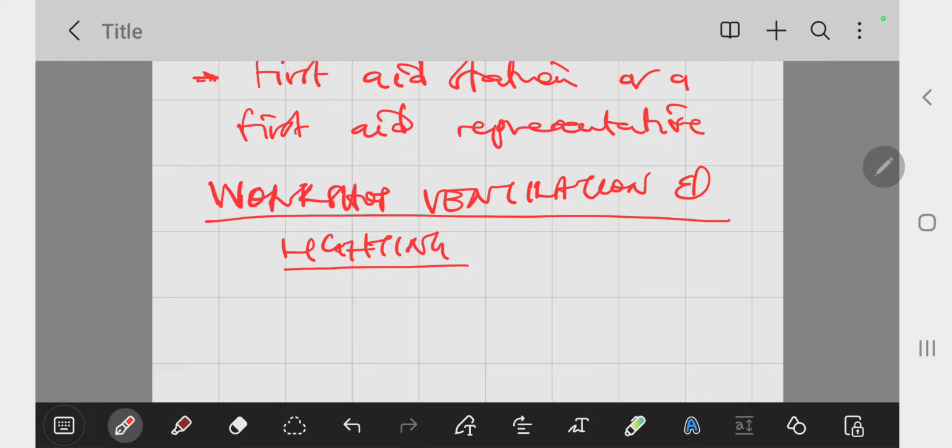In terms of lighting, it is basically the introduction of light to an enclosed environment. You've seen those bulbs, and it can also be natural or mechanical. But we're not looking at what ventilation and lighting are. You guys just need to have an idea. Our main focus is why we need to provide proper workshop ventilation and lighting.